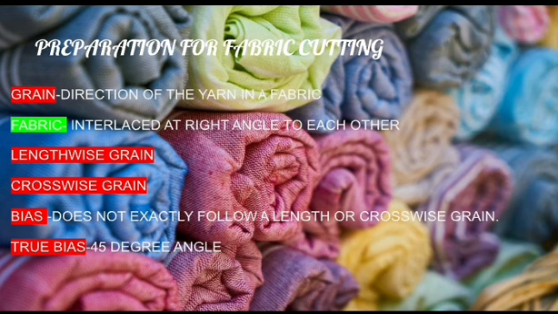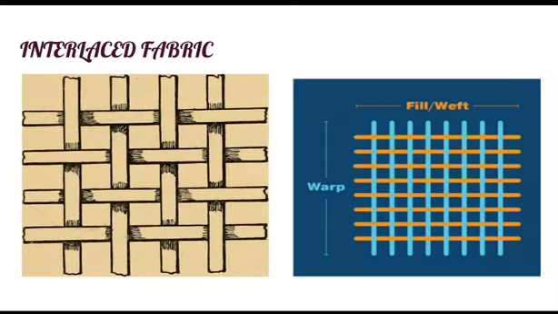See the next slide. In this slide you can see two pictures, right? The first picture shows you how the fabric is interlaced. You can see one is warp yarn and another one is weft yarn. They are both interlaced and form the fabric. Like this, the fabric is formed. See the second picture.